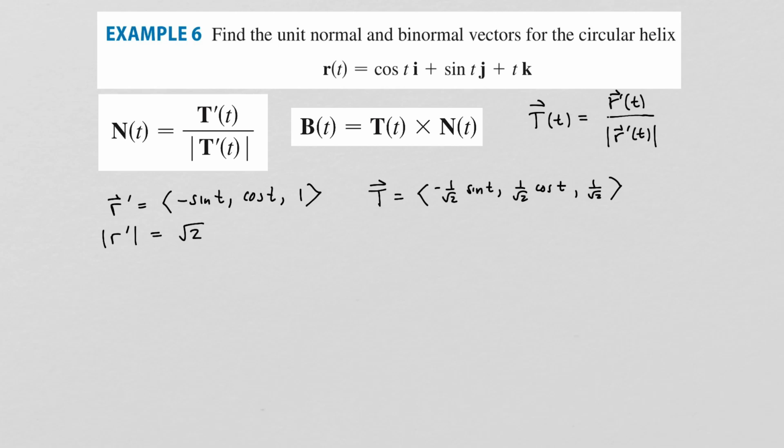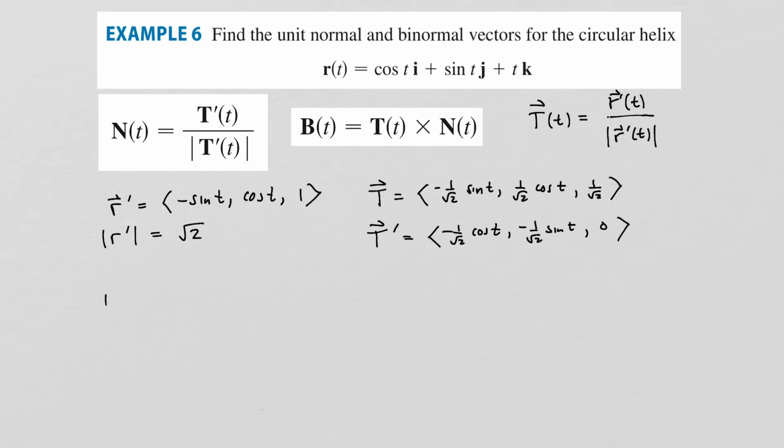So now we need T prime. To get T prime, we simply take the derivative here. So we're going to get negative 1 over radical 2 cosine of t, negative 1 over radical 2 sine of t, and of course the derivative of 1 over radical 2 is 0.